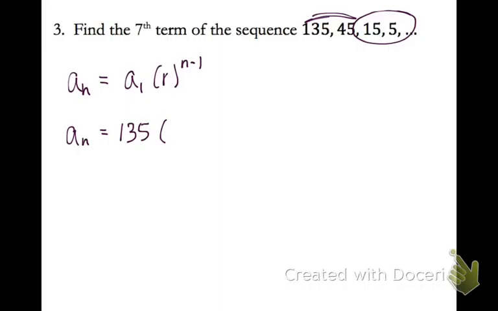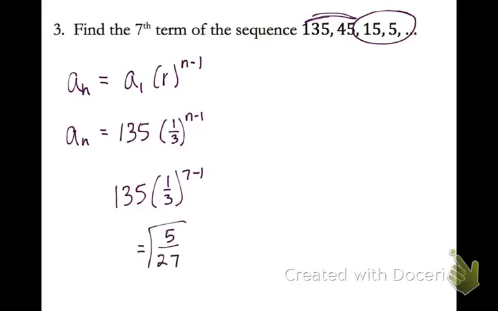So I can't put a 3 in here because that would be multiplying by 3. I'm going to put 1/3. That means dividing by 3. Okay, so there's my formula, and now I need to plug 7 in for n. And when I plug that into my calculator, I get 5 over 27.